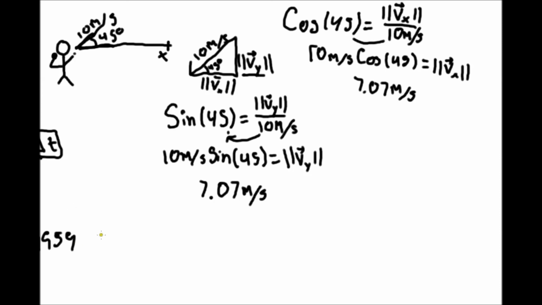Now we take the change in t and we multiply it by the magnitude of the velocity on the x-axis, and we should get the distance, or displacement.